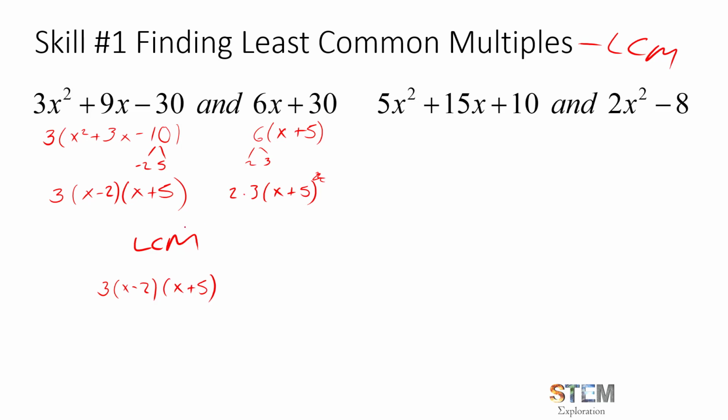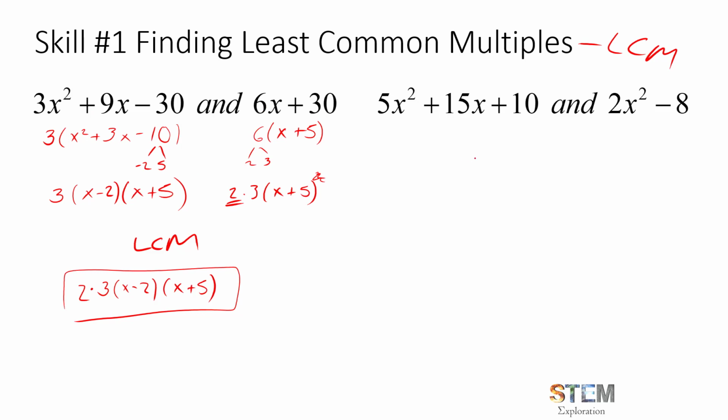There is a 3 already present here, but this 2 is unique. So if there's anything unique left over in the second term that's not in the first term that you already wrote down, that's all you need to add. And this would be the least common multiple. This is a multiple that shares all the common terms between these two specific expressions.